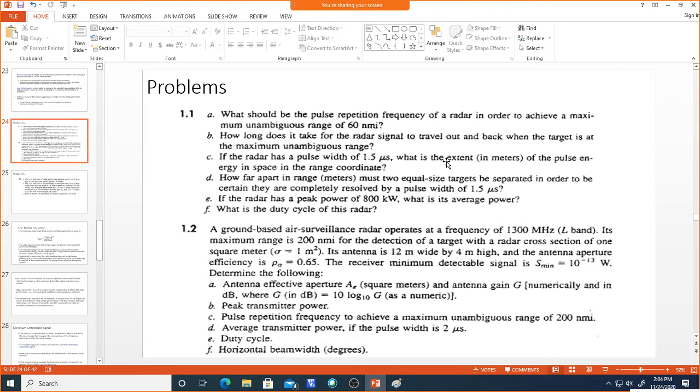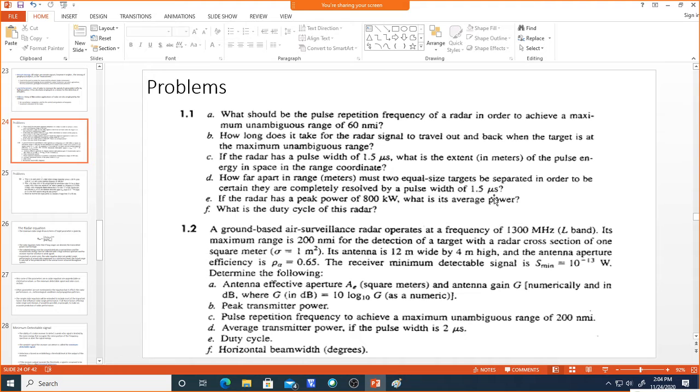You need to find the range for this pulse width of 1.5 microseconds. And how far apart in range must two equal size targets be separated in order to be certain they are completely resolved by a pulse width of 1.5 microseconds?